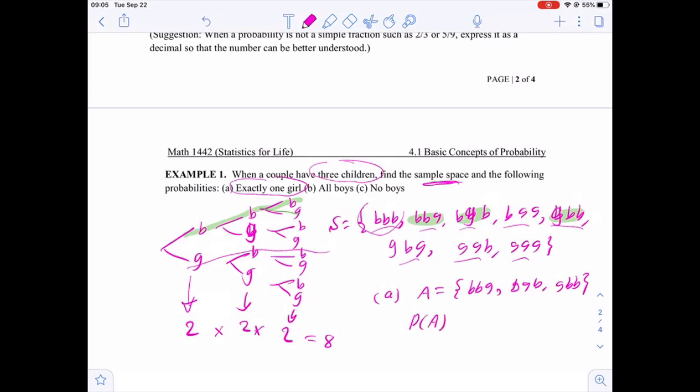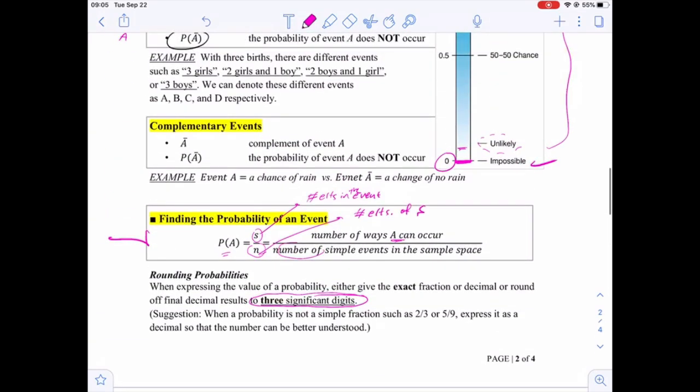And we want to find this probability. The probability of the event A is the number of elements of the event, we have 3 outcomes, over the number of outcomes of the whole sample space, we have 8. So 3/8. And here I meant by elements, outcomes.